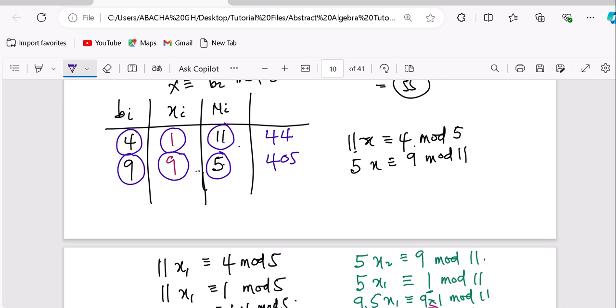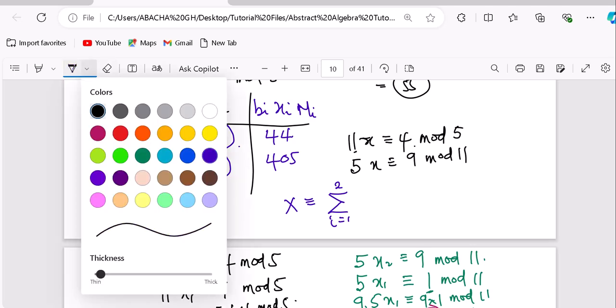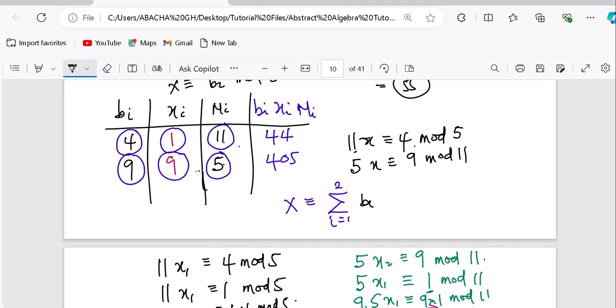Now the solution is given by x congruent to the summation of i from 1 up to, since there are 2, up to 2 of bi, xi, ni mod N. This is the general solution.